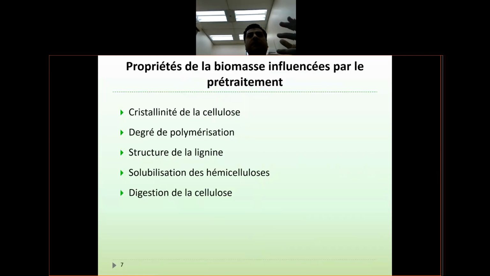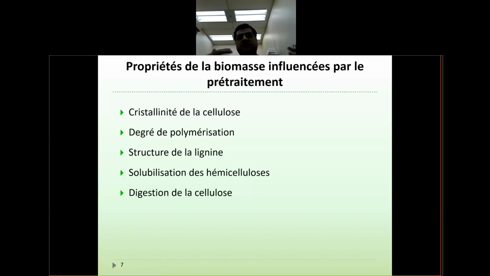So just to wrap up, what happens to a biomass after pretreatment? Again, as I said, the crystallinity of the cellulose would change. The degree of polymerization of the cellulose, hemicellulose, and lignin will change. The structure of lignin changes, as you saw in the picture previously.